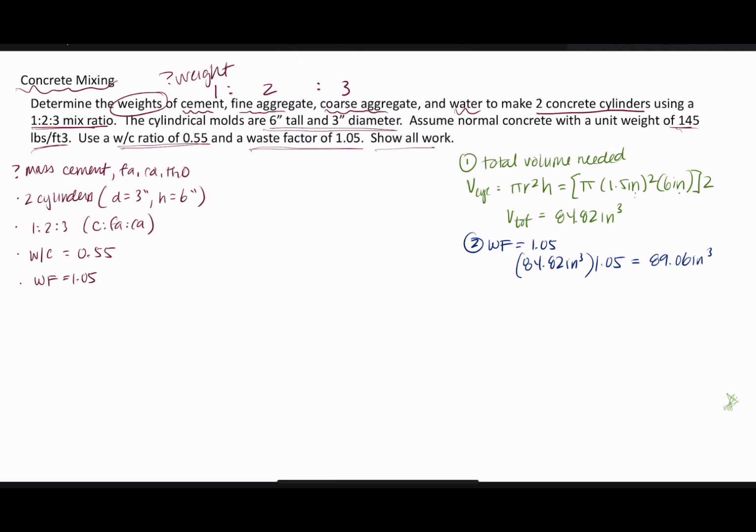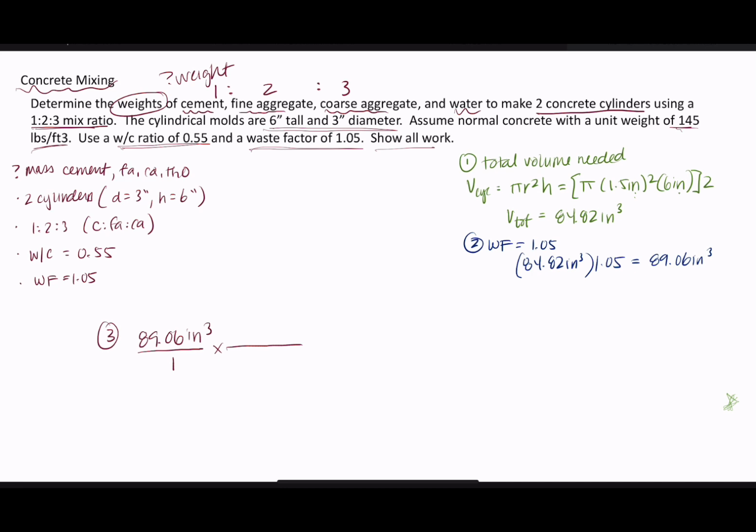So next step. We've got our necessary volume, then we factored in our waste to get our total volume with the waste factor built in. Now we're going to take our 89.06 inches cubed and use our unit weight.